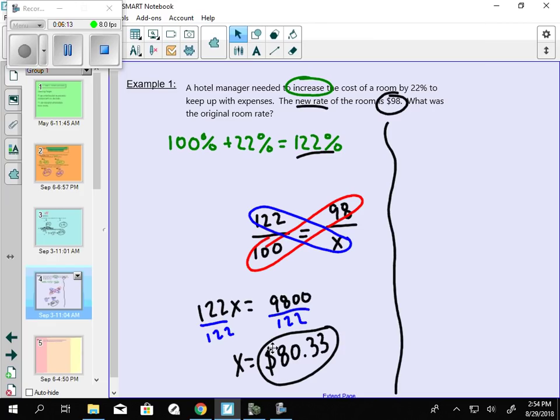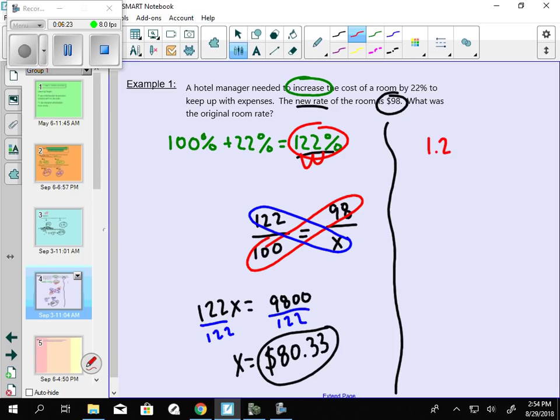Okay, another way you could solve this problem, you don't have to use proportions to do it. You could do it by converting right away. So once we get this 122%, if you converted that to a decimal by dividing by 100 or moving that over 2 times, you'd get 1.22. So that percentage times whatever that original cost was should give us this new dollar amount of 98.